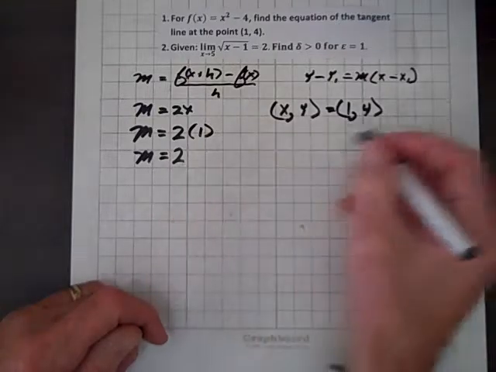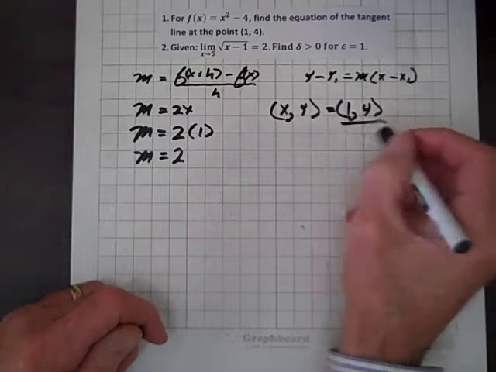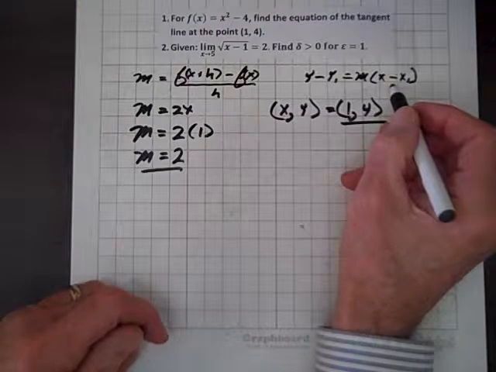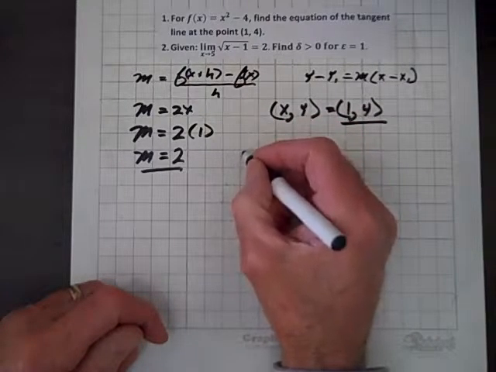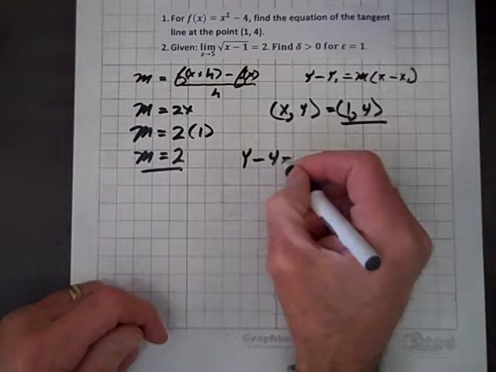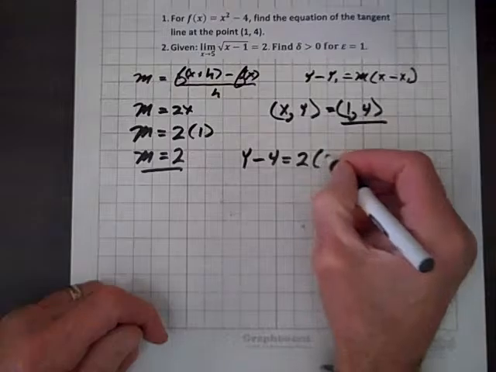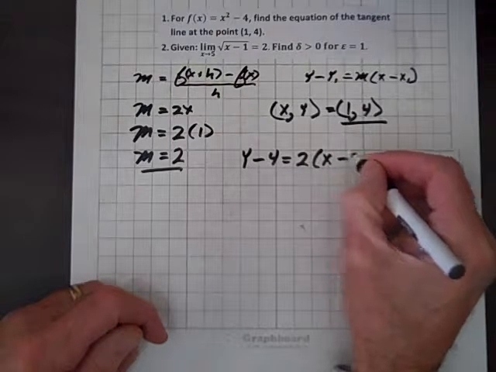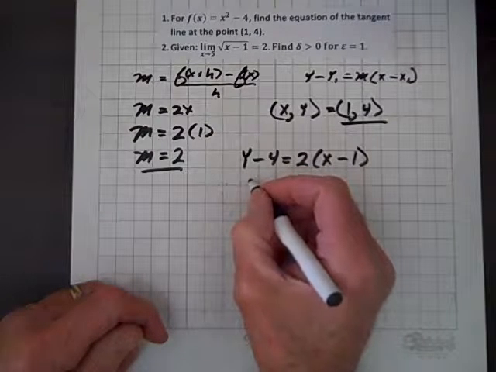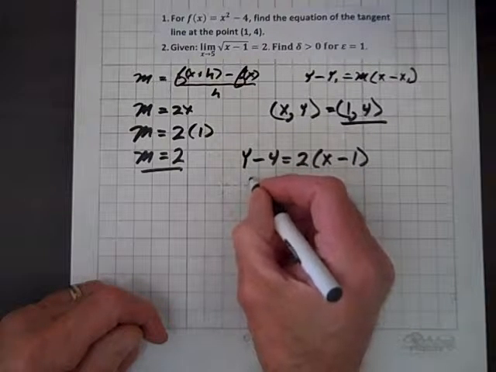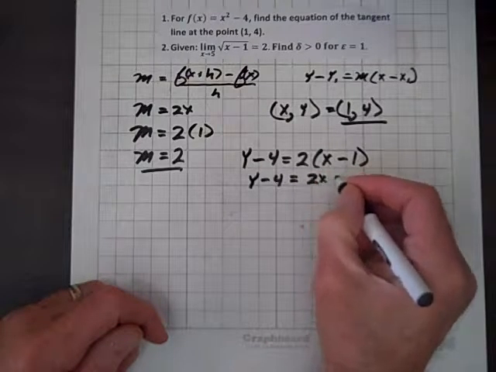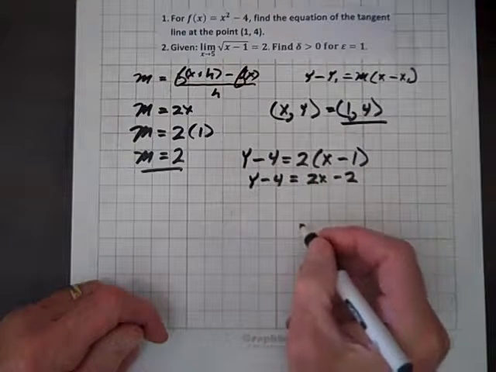Now we have the slope. We also have the point (1, 4). So we can employ the point-slope form of the line. For y sub 1, we'll substitute 4. For m, we have a 2. And for x sub 1, we'll substitute 1. Now let's simplify this, and we get y minus 4 equals 2x minus 2, distributing the 2.